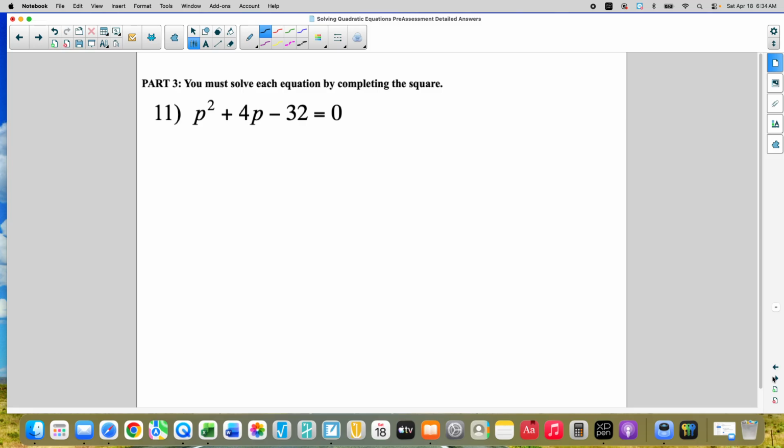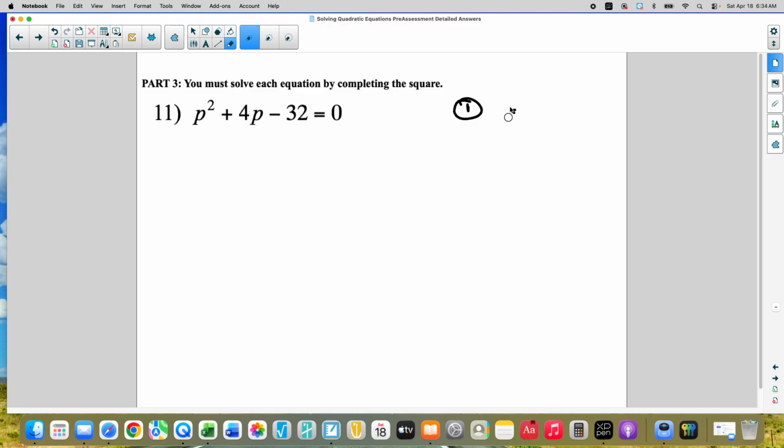Part 3 is you must solve each equation by completing the square. So step 1 is move your constant. No, sorry. Step 1 is set equal to 0. No, it isn't really set equal to 0, is it?